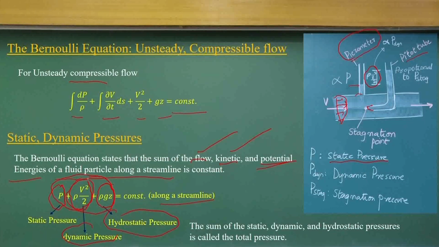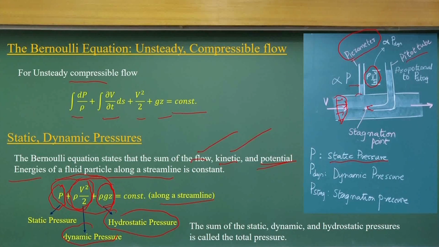But you can ask, what about the potential energy? These two energies are so high that we do not consider the Z difference, which may not have that significance. That is the reason we do not consider the potential energy part. When you have a pipe flow, we can measure the pressure using the piezometer.